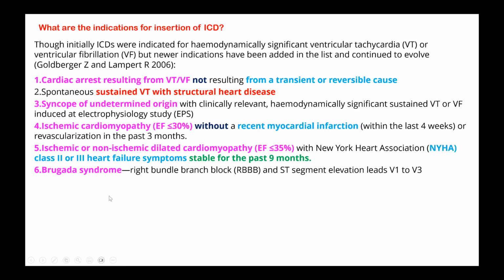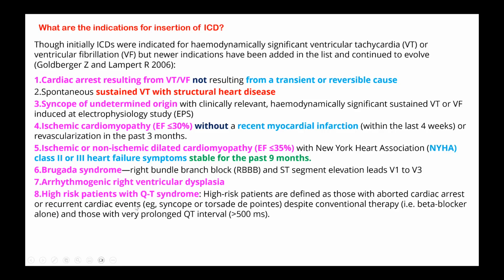who can develop a sudden VT or VF and die. And arrhythmogenic right ventricular dysplasia is another condition. High risk patient with long QT syndrome, defined as those with aborted cardiac arrest or recurrent cardiac events like syncope, torsades response, despite conventional therapy with beta blockers, where the patients will have a prolonged QT interval like more than 500 milliseconds.